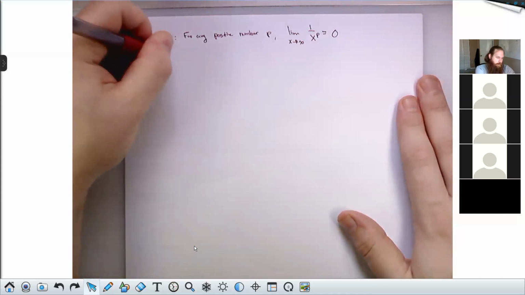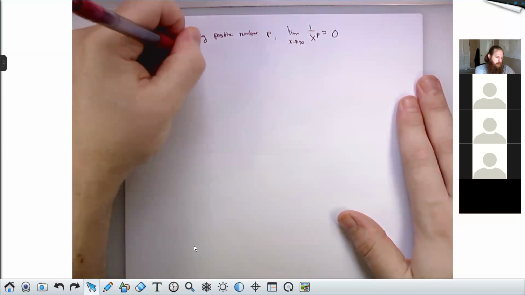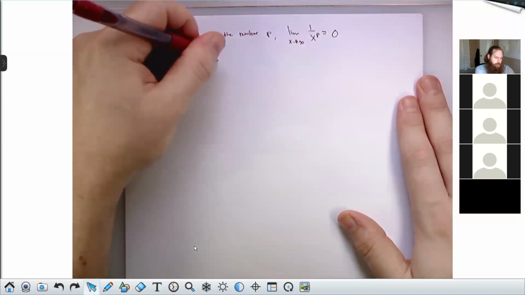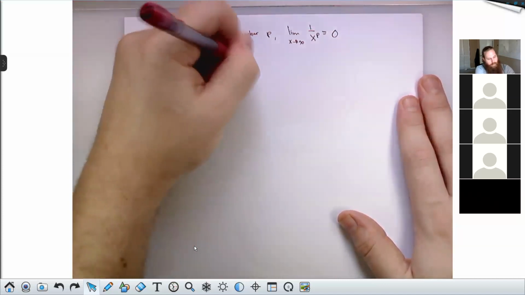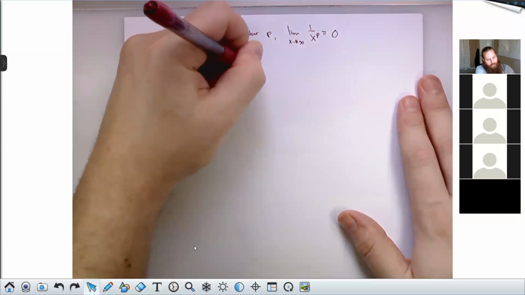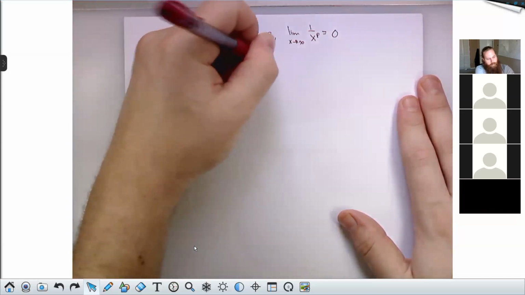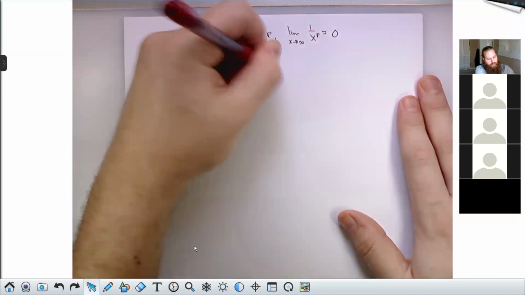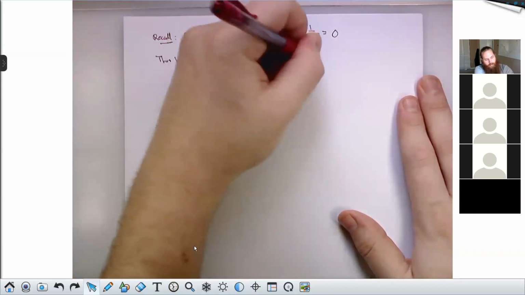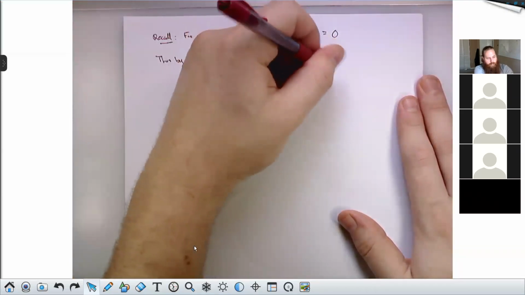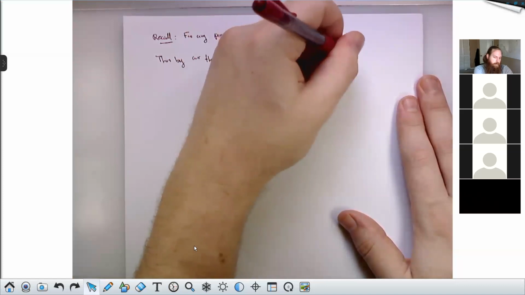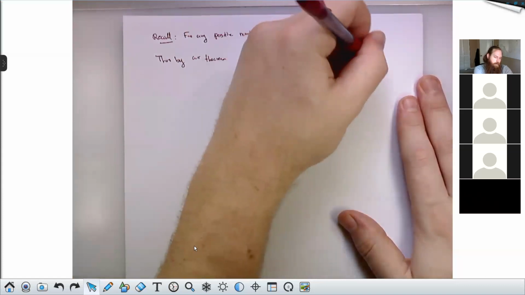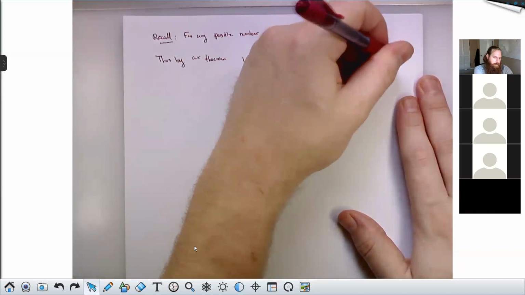Thus, by our theorem, the limit as n goes to infinity of 1 over n to the p is also equal to 0 for any positive number p.